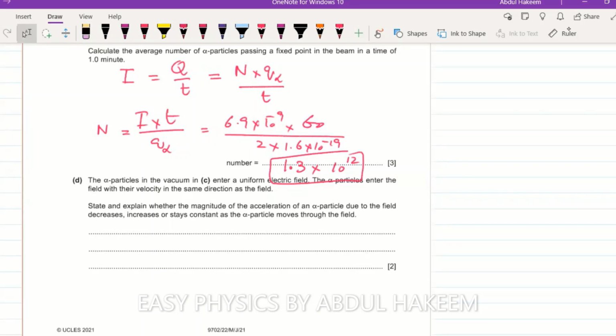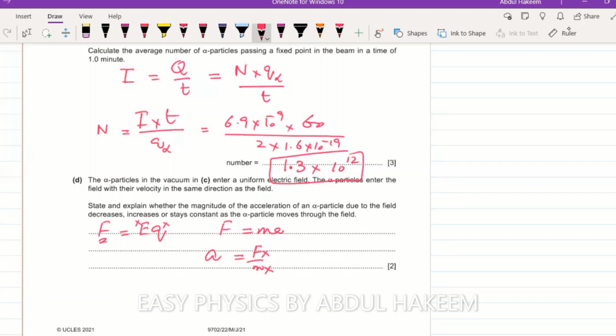Magnitude of the electric force will be constant because F is equal to EQ. When E is constant, same E is used, same charge, this force is constant. When force is constant, F is equal to ma. So acceleration is equal to F divided by m. Mass of the alpha constant, this force constant, so definitely the acceleration is constant.